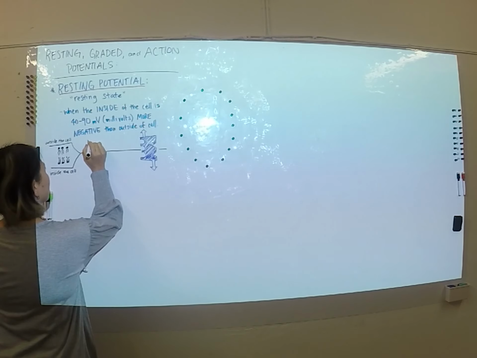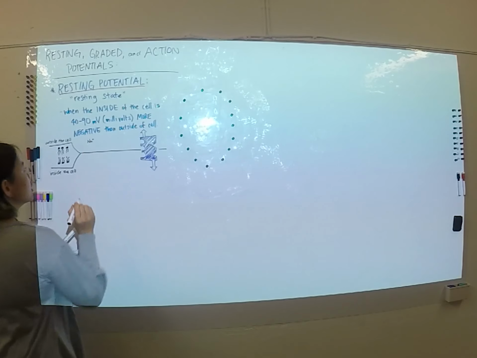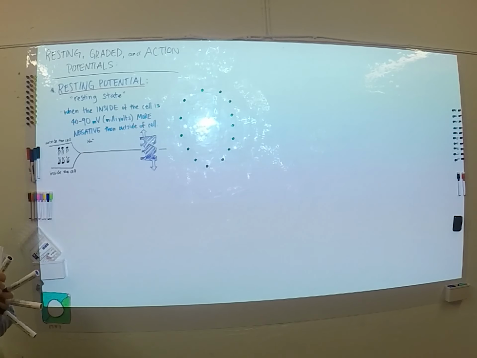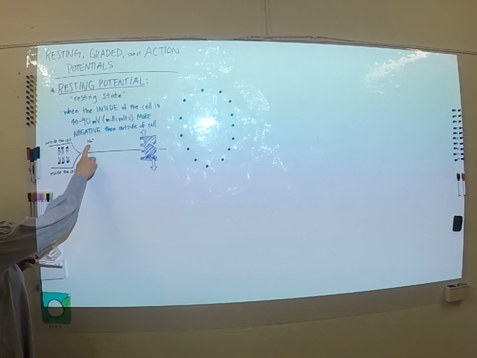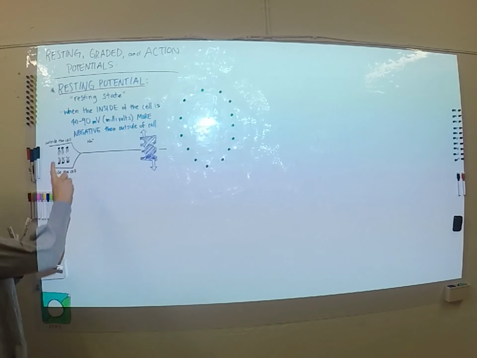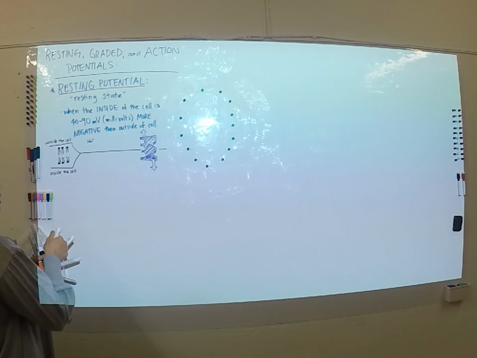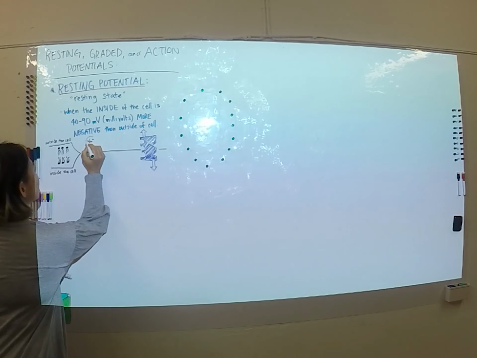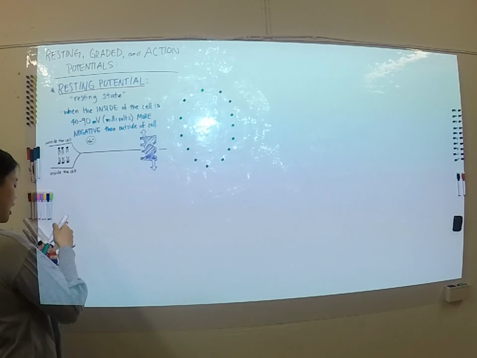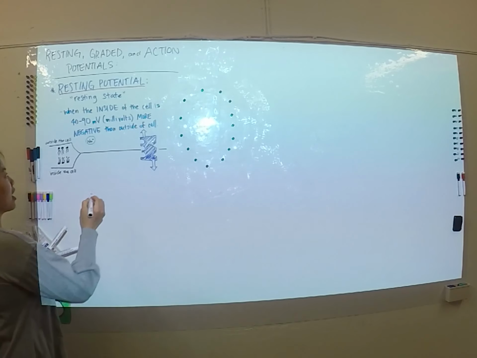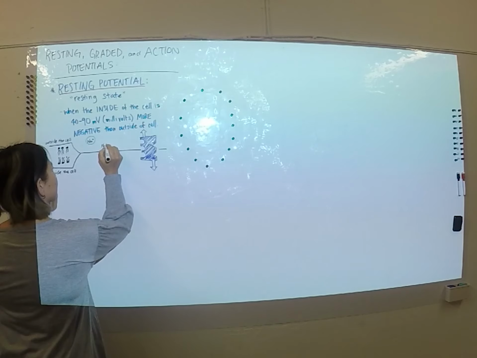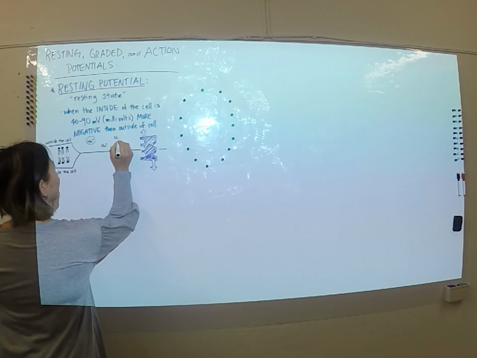Okay, so sodium ions are positively charged, and I abbreviate them with their symbol from the periodic table of elements, which is Na. Okay, so we're gonna have lots of sodium ions on the outside.